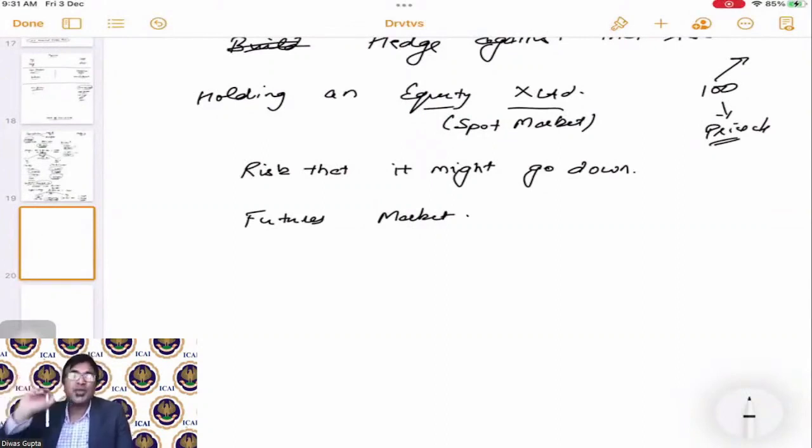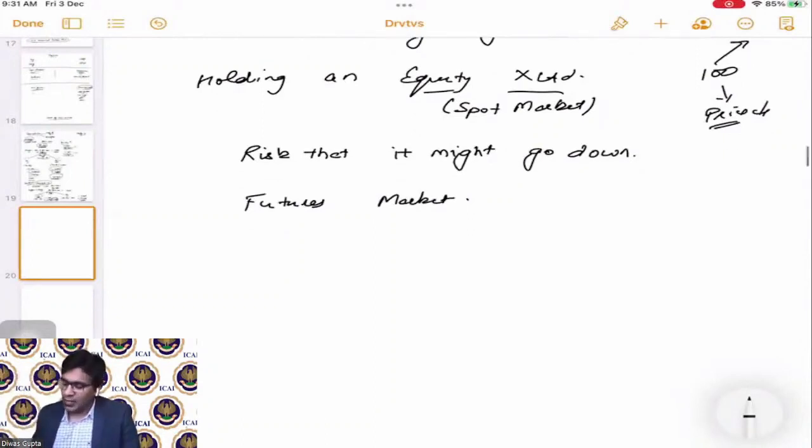But in case you do that, you are not holding any investment then, correct? You are just purchasing and selling. That means there is no risk that you are exposed to, and hence there is no hedging that can happen. So for hedging to happen, there has to be a risk. Then only you can hedge. So let's make use of futures market.